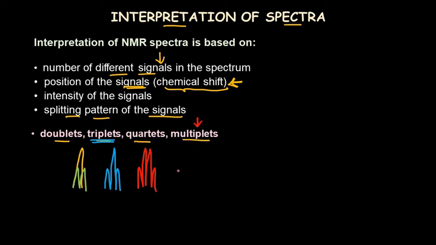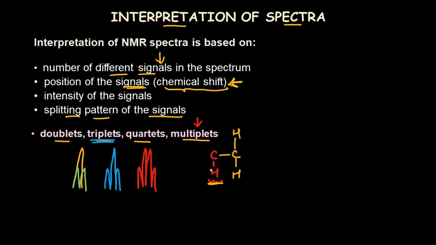Now how is this splitting done? Suppose a carbon has a hydrogen and this hydrogen is going to produce the signal, but the splitting of this hydrogen will depend on what? It will depend on the number of hydrogen atoms on the adjacent carbon atom.